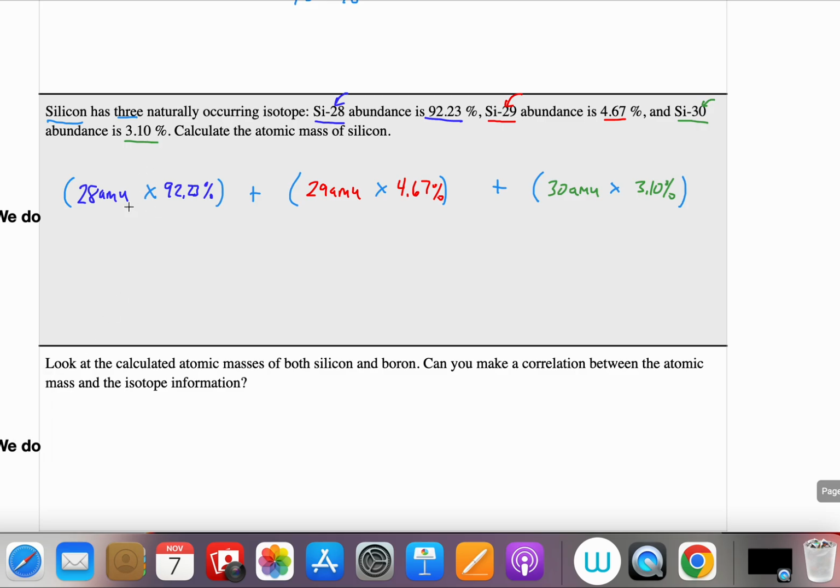I put that all into my calculator, just like I've written it out, and then divide that answer by 100%. The weighted average is 28.11 AMUs. When I compare my calculated answer to the provided mass numbers, it's greater than the lowest and less than the highest, so this average atomic mass makes sense.